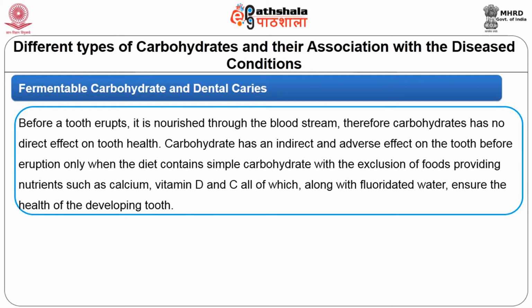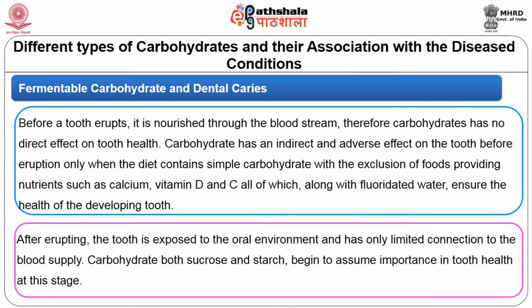Carbohydrate has an indirect and adverse effect on the tooth before eruption only, when the diet contains simple carbohydrate with the exclusion of foods providing nutrients such as calcium, vitamin D and C, all of which along with fluoridated water ensure the health of the developing tooth.